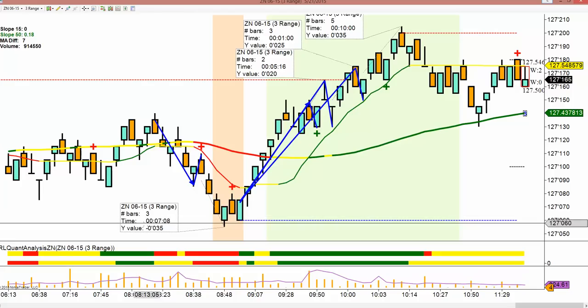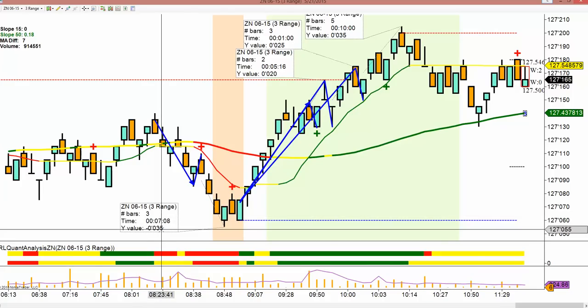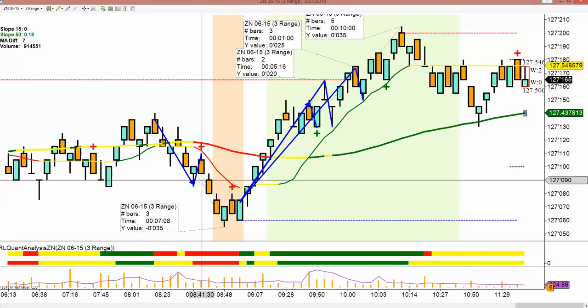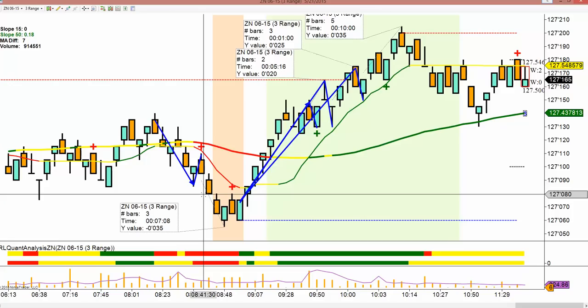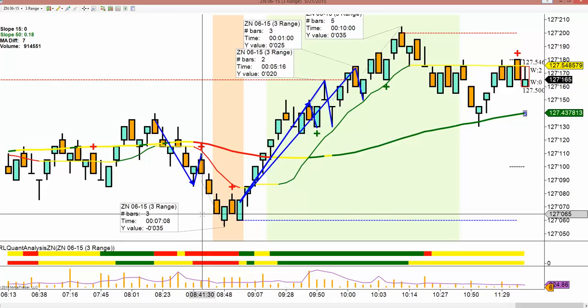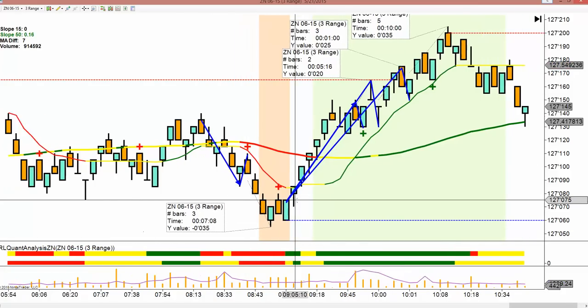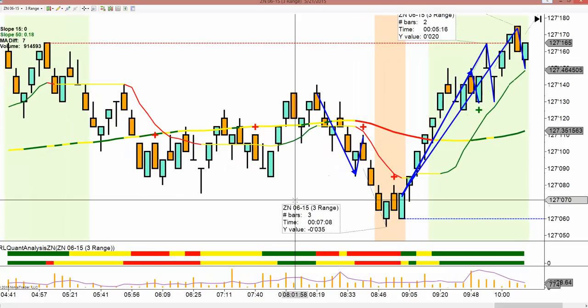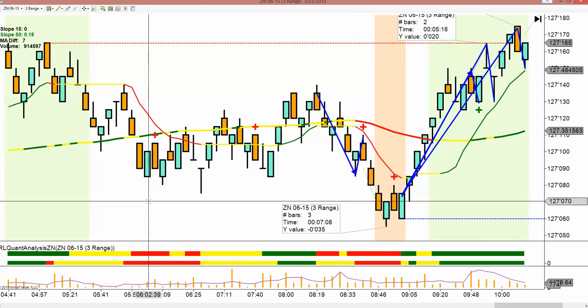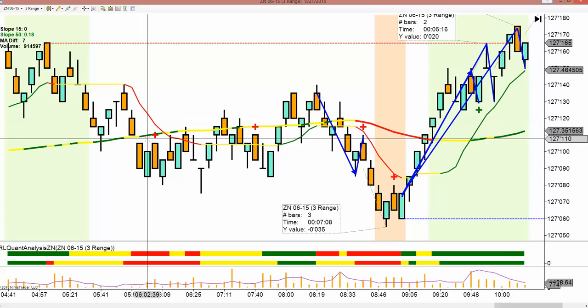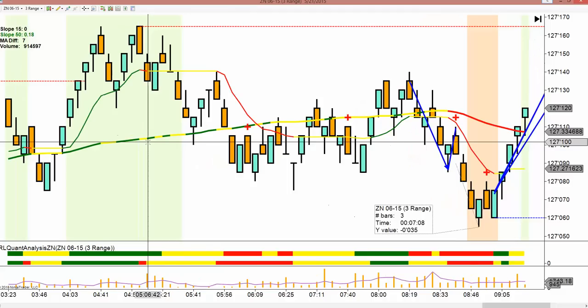I don't exactly know how the scaling tool works, but you're in here, so you've got 2 ticks, 7 ticks, 8. That's a 9-tick move. A 9-tick move on $16 or $17 a tick is really an enormous amount of money. And you can see that when both quant lines line up and the 15's below the 50 and the 50 is down, you really have yourself a setup.